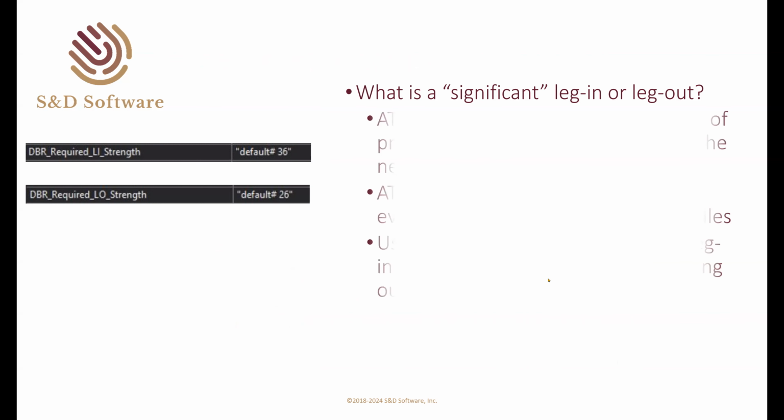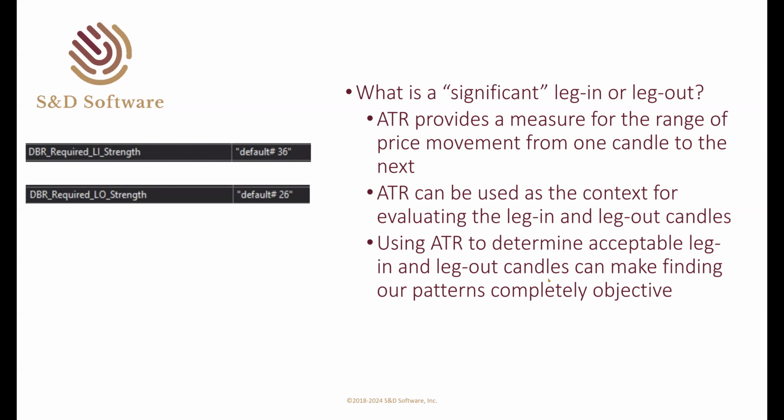Well, to try to figure out whether our leg in or leg out is significant, we're going to look at the ATR. The ATR provides us a measure for what price movement is taking place from one candle to the next. So we can use the ATR as a context for evaluating our leg in and leg out candles.